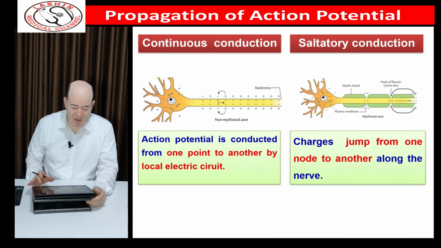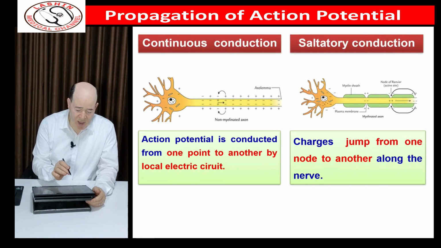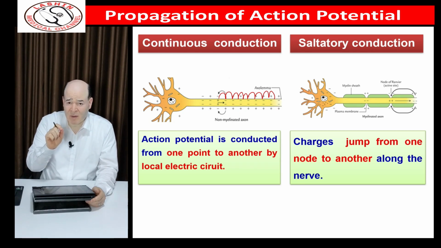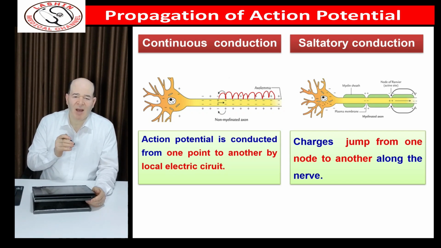First, regarding the continuous conduction, we have to transmit impulse from one point to another along the surface of the nerve. All points over the surface of the nerve fiber have to depolarize, so it needs too much time and consumes too much energy.